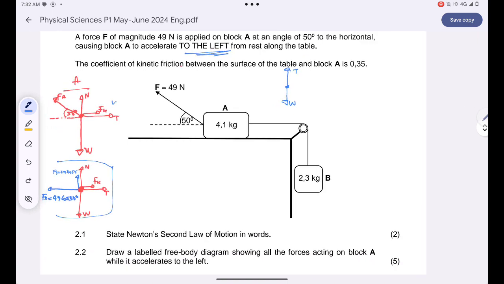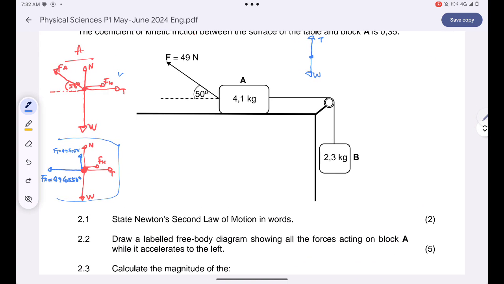Okay, now they want me to state Newton's second law in words. Newton's second law simply states that when a net force acts on an object, the object will accelerate in the direction of the net force with an acceleration that is directly proportional to the net force and inversely proportional to the mass of an object.